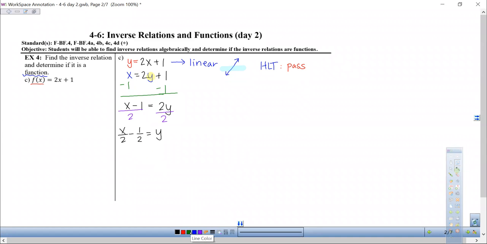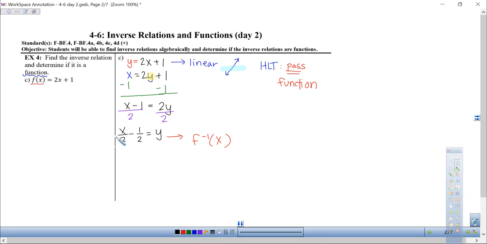Since it passed the horizontal line test, it is a function. So I can change this to f inverse notation. My y becomes f inverse of x because it is a function.